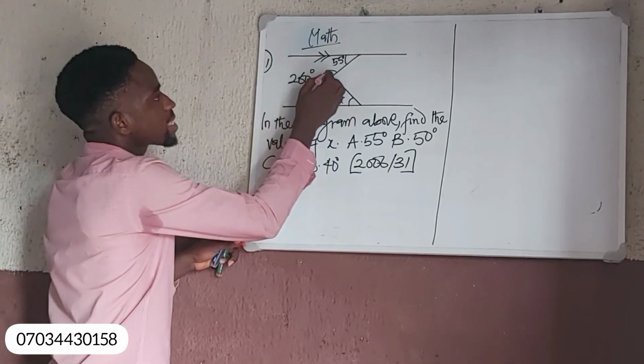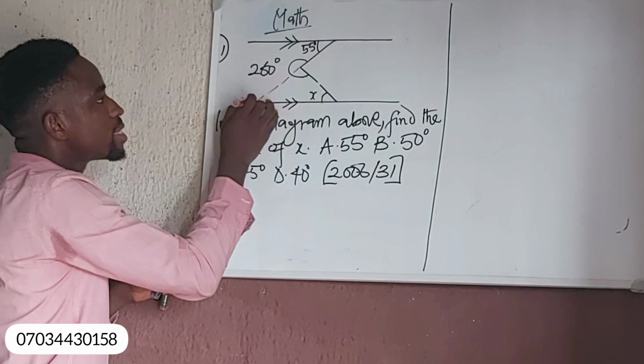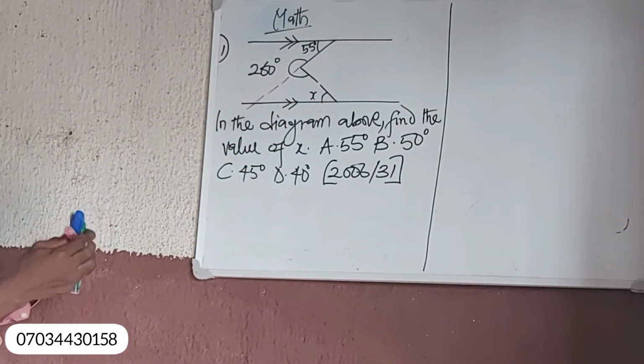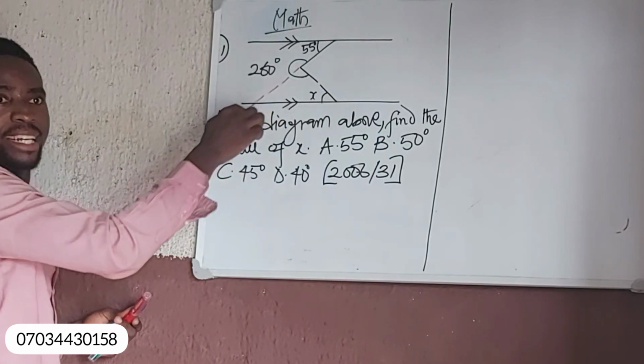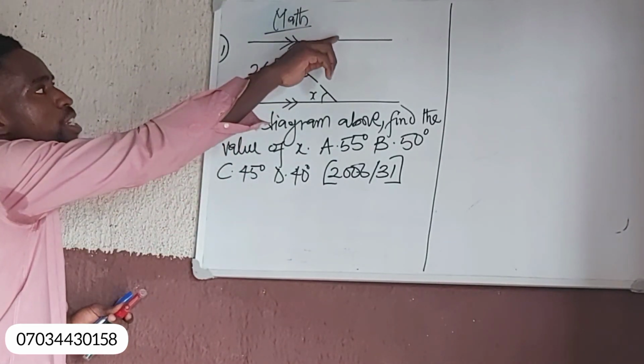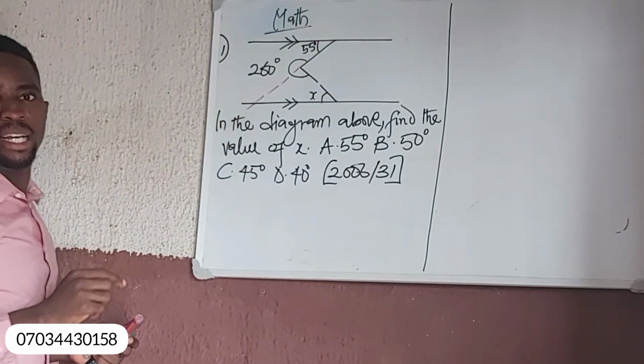Let's proceed with one of the modifications I suggested. For instance, let's extend this line downwards. You can see that I'm using a different line to show this. This red line was not part of the question. I'm the one that introduced it, making sure it is a straight line that cuts our parallel line.